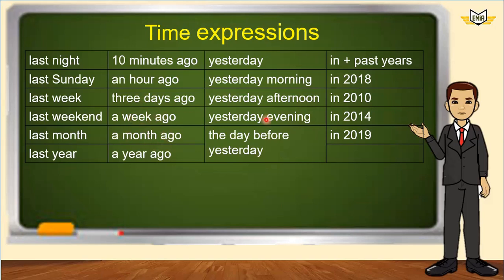I traveled to London in 2018. I traveled to the UK in 2014. So these time expressions are really important, guys, to help you identify that you are working in simple past.